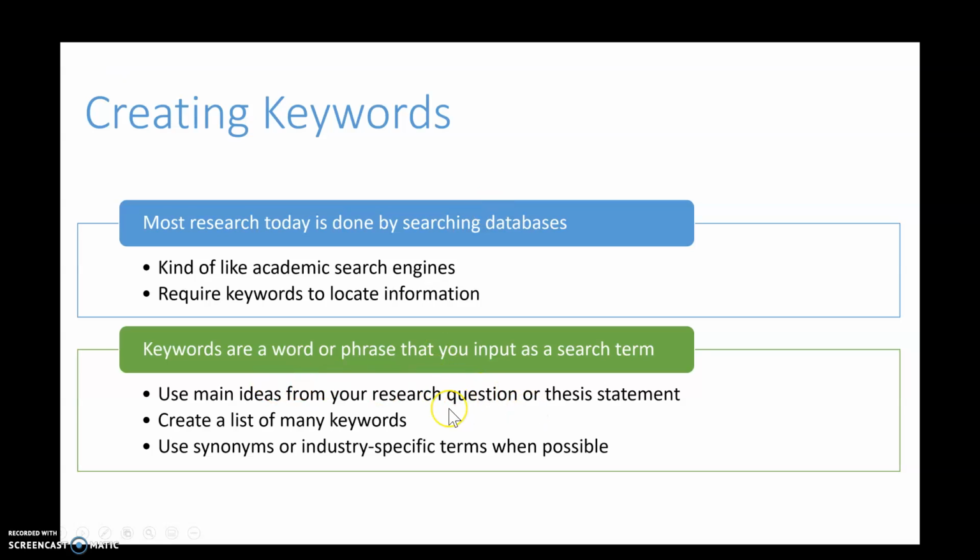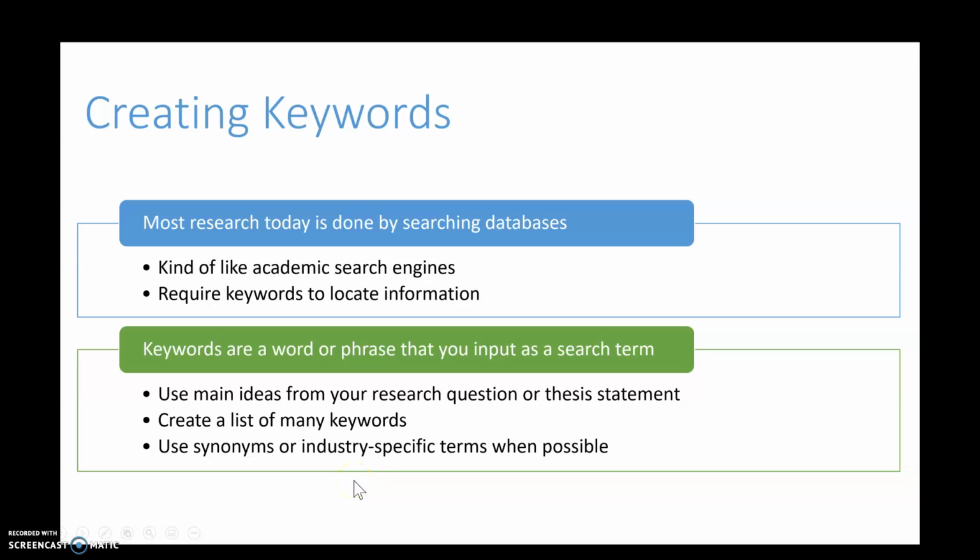So keywords are a word or phrase that you'll input as your search term, and you'll want to use main ideas from your research question or your thesis statement. You want to create a list of as many keywords as you can think of that will help you locate it, because different keywords will get different results even with synonyms. Use synonyms or industry-specific terms whenever possible.